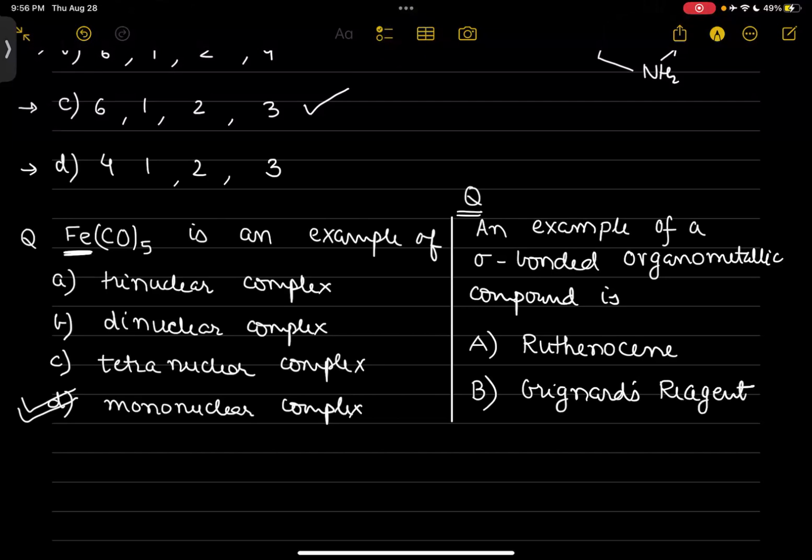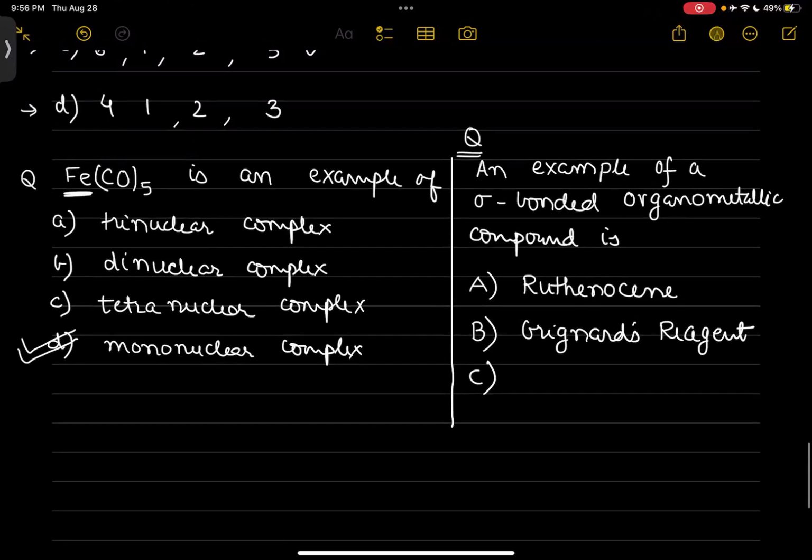Some of the organometallic compounds you are very well familiar with in organic also. But these organometallic compounds are very important in inorganic, in coordination.